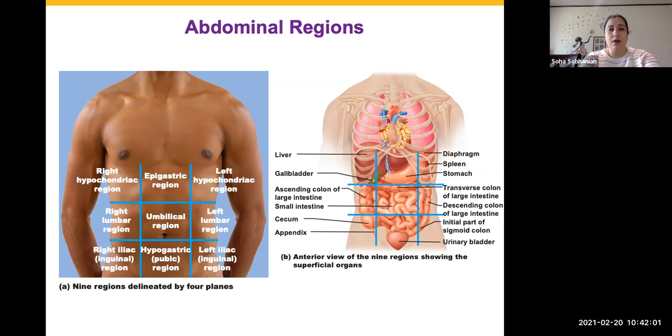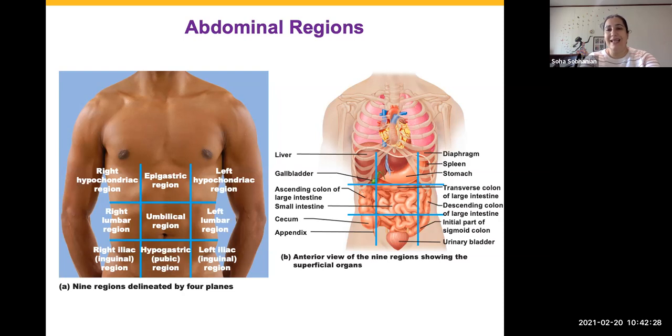The word chondriac comes from chondro, which implies cartilage. I'll come back to this in just a second. The word lumbar means back. So anytime you hear the word lumbar pain, that means back pain.